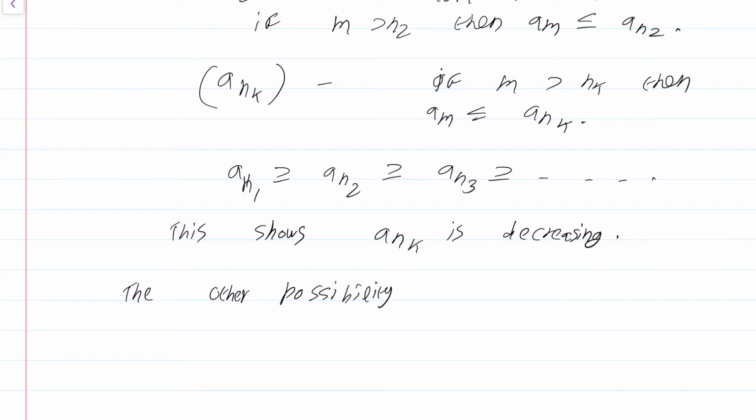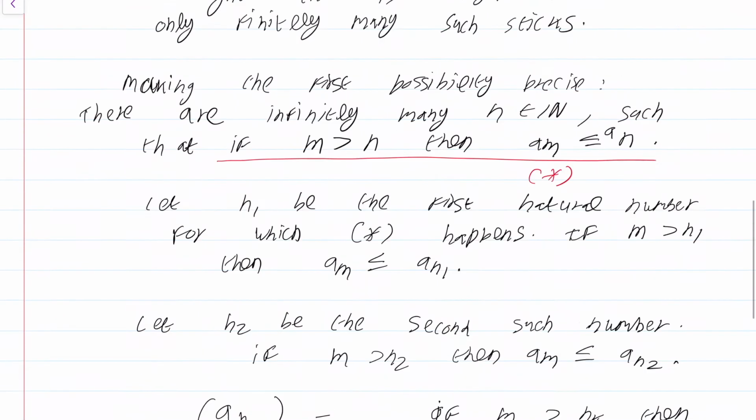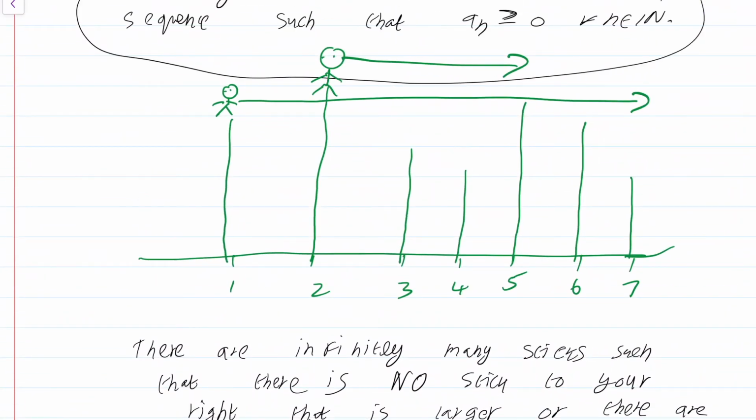The other possibility is that there are only finitely many n in N such that if m is greater than n, then a_m is less than or equal to a_n. That means after a point, when you climb on top of a stick and look to your right, there will always be at least one stick that is larger than the stick you are standing on.